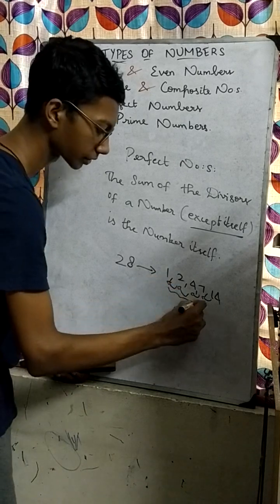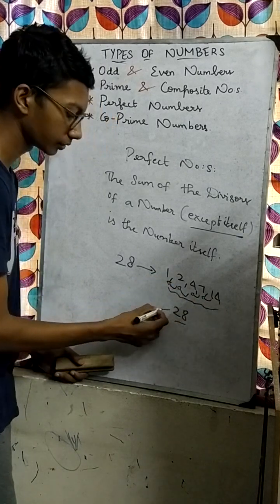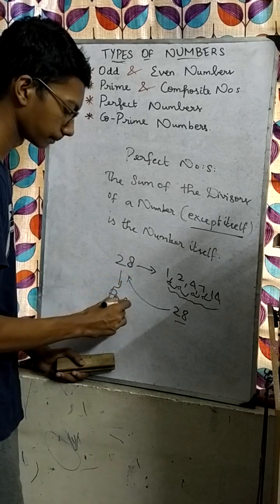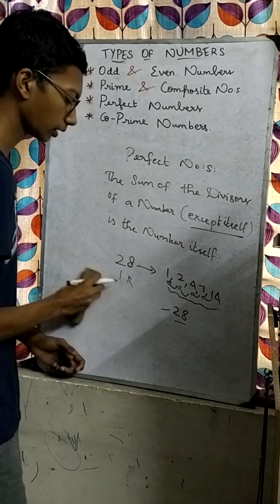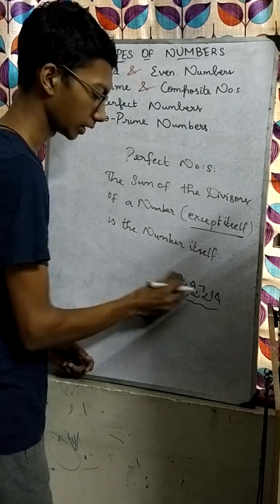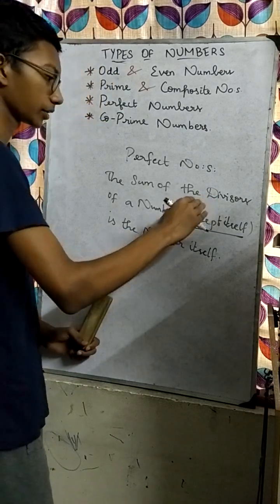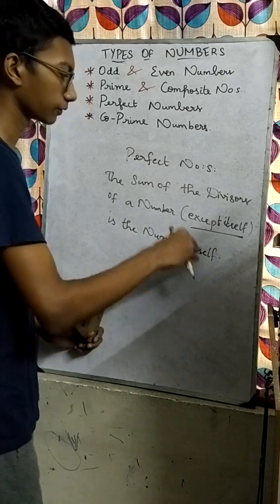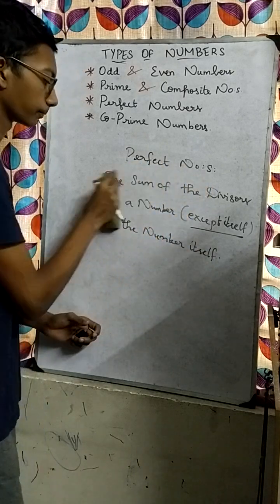So if we add all these numbers, we get 28, which is the number itself. So 28 is a perfect number also. So this is the thing with perfect numbers: if we add all the divisors except the number itself, and we get the number itself, then the number is a perfect number.